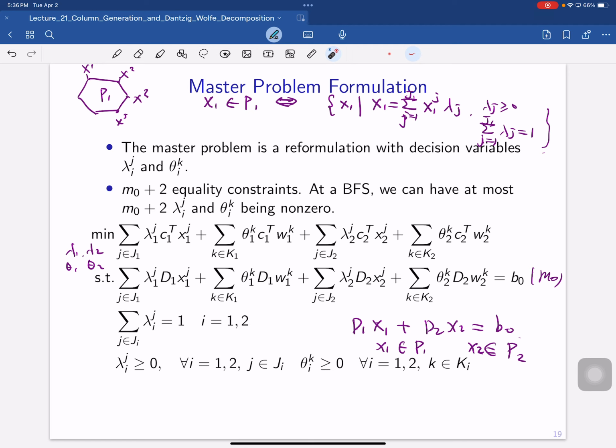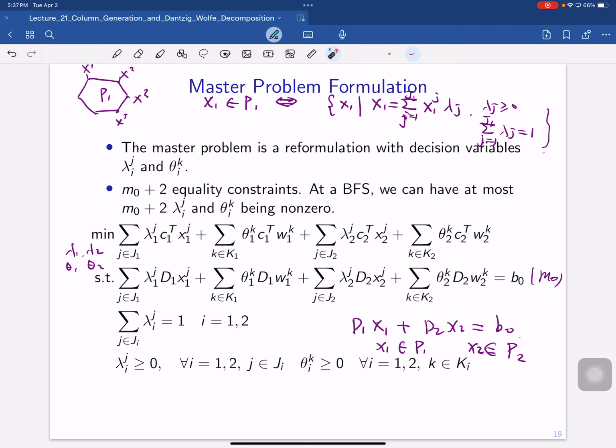And then how are we going to pick those good extreme rays and extreme points here? Exactly, we already talked about how to pick those active columns. Recall, what are the columns in this problem? All the columns correspond to the extreme rays and extreme points.